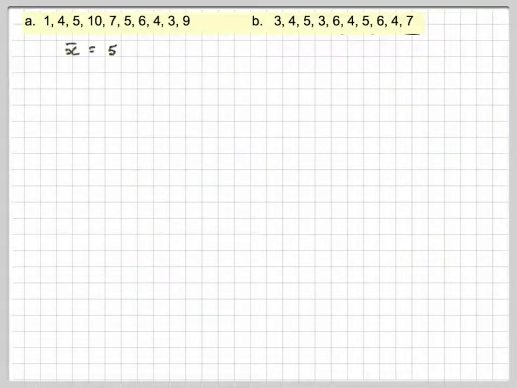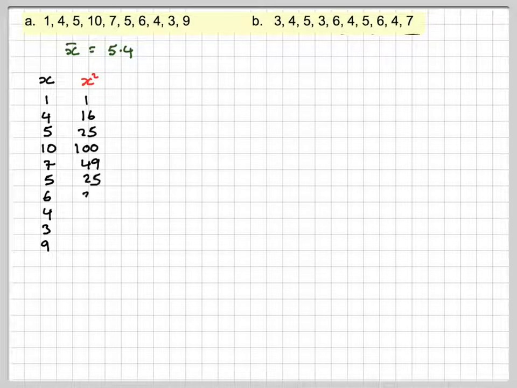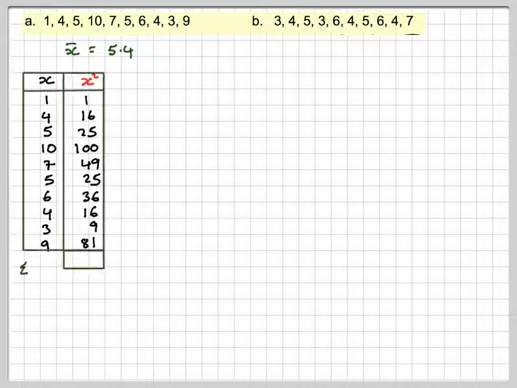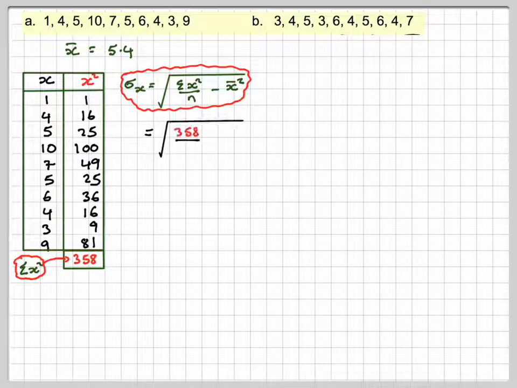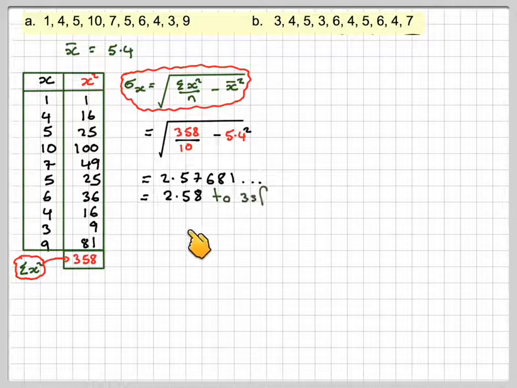So, going back to our numbers using the different method, the only thing you have to calculate from x when we're doing this method is x squared. So our population standard deviation will be the square root of sigma x squared over n, so that's going to be 358 over 10 minus 5.4 squared, taking the square root, which is 2.57681, which gives me 2.58 to 3 significant figures.